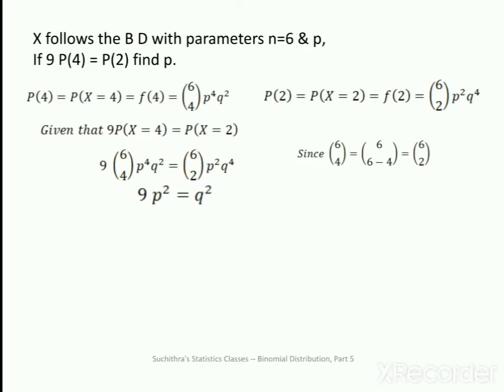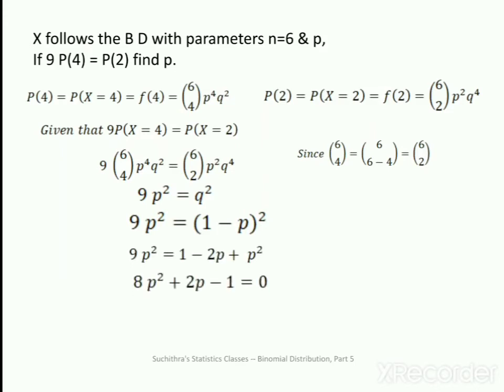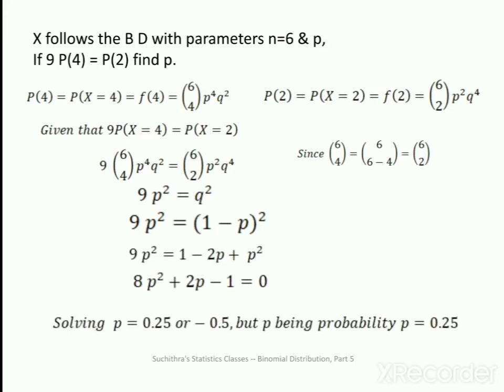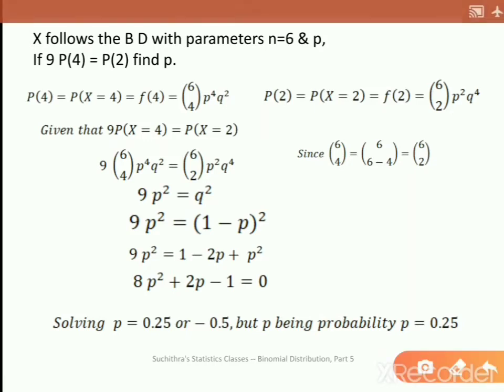Therefore, we have 9p square equal to q square. Solving, we get the values of p as 0.25 and minus 0.5. Since p is a probability, it cannot be a negative number. So, the possible value of p is 0.25.